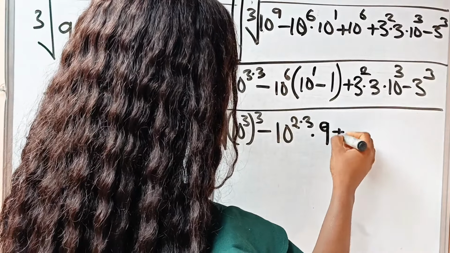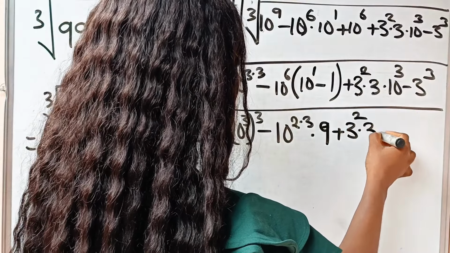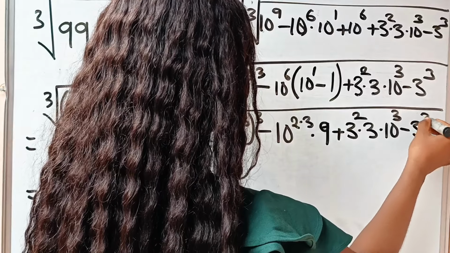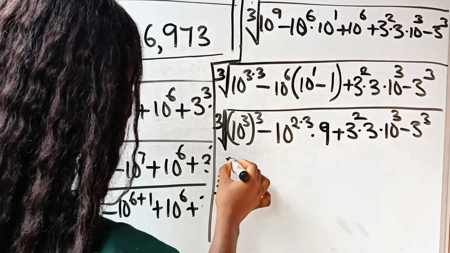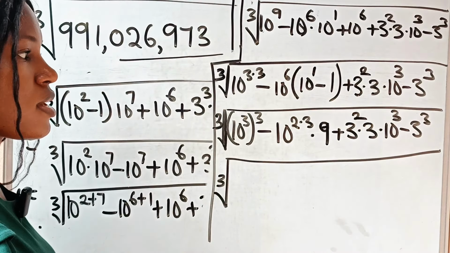Okay, then plus, we have 3 to the power of 2 multiplied by 3 multiplied by 10 to the power of 3 minus 3 to the power of 3. So we have cube root of, we're almost there. Yes, we're almost there.